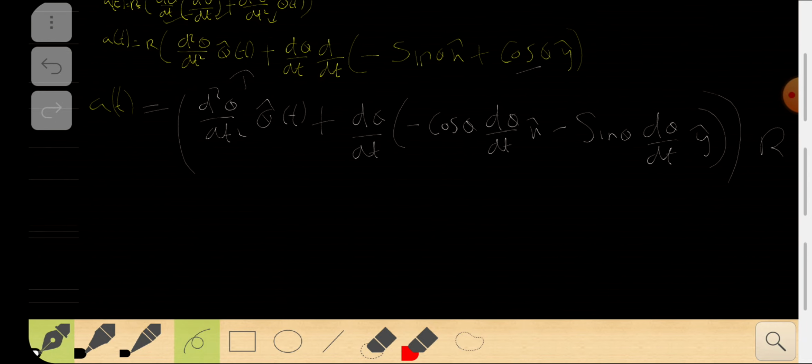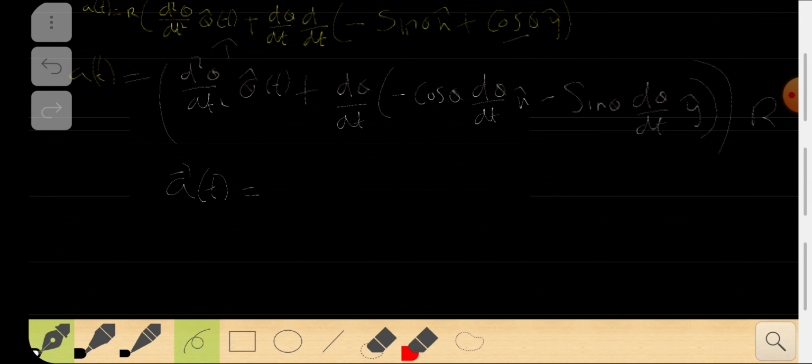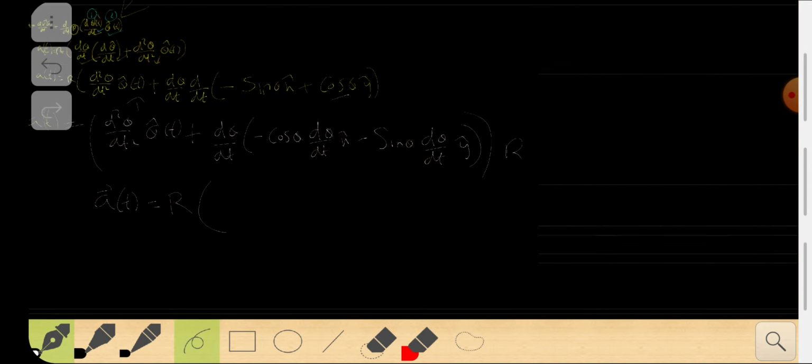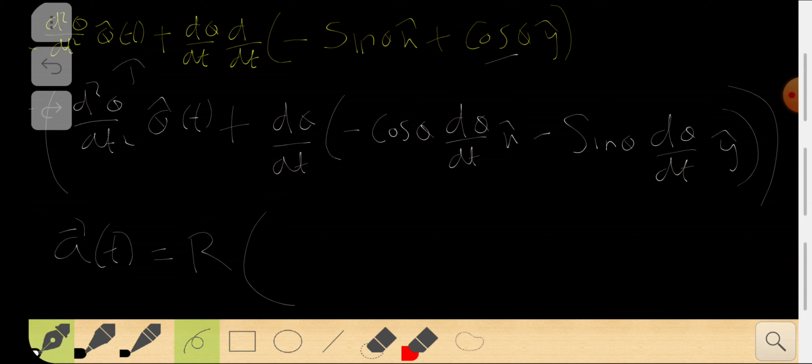Now let's simplify that. You get a of t must be equal to, r is outside, so r is taken outside, and inside we have d theta cap. I hope you guys can see this. Inside we have d square by dt square, and again d theta by dt inside. Now I can take the minus sign outside as well.